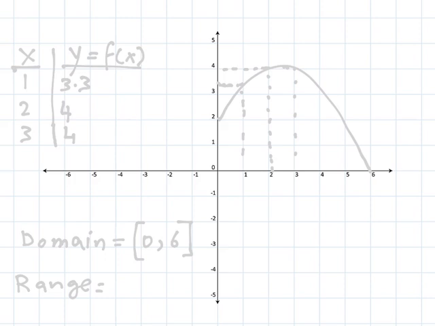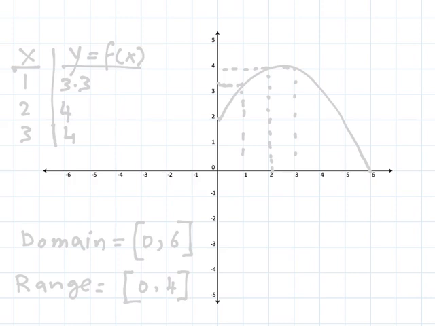For the range, which is all possible y values for this particular function, it would be from 0, and the highest point here is 4, so from 0 to 4.